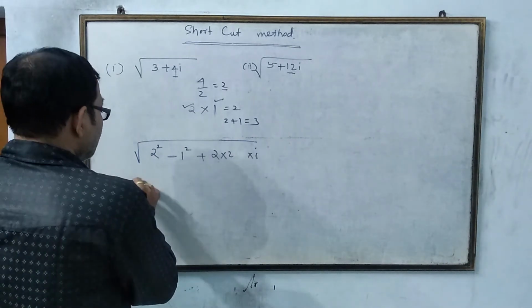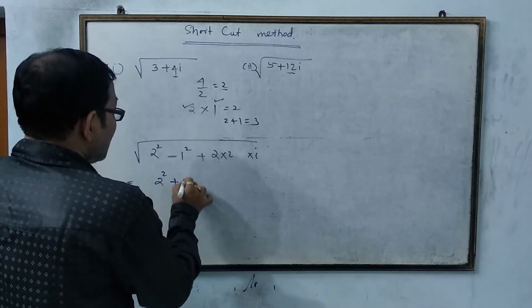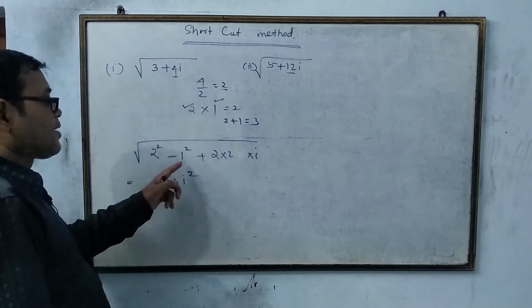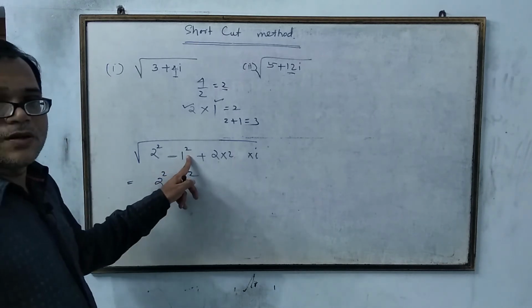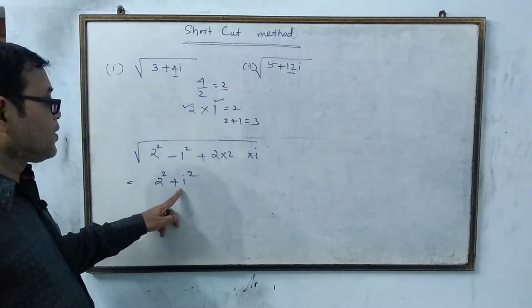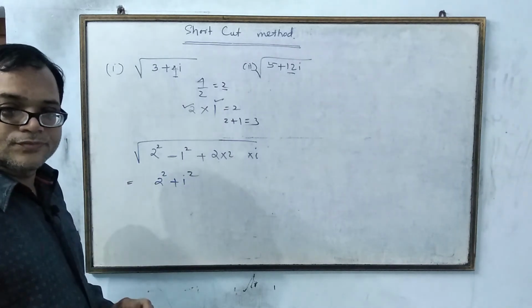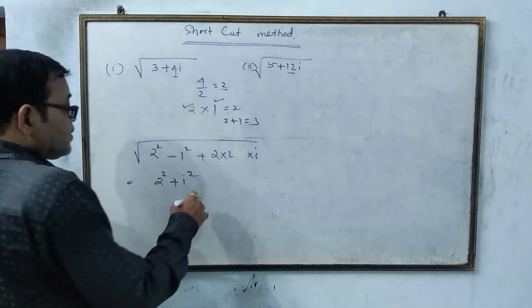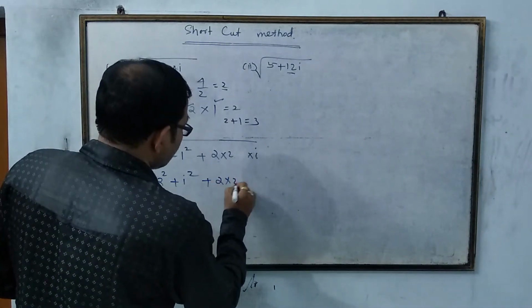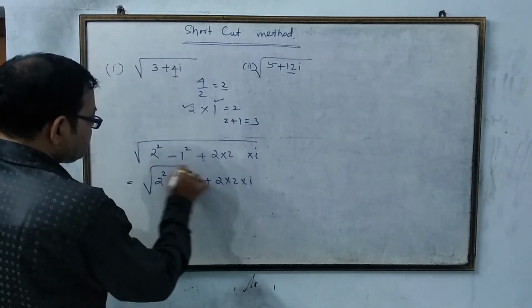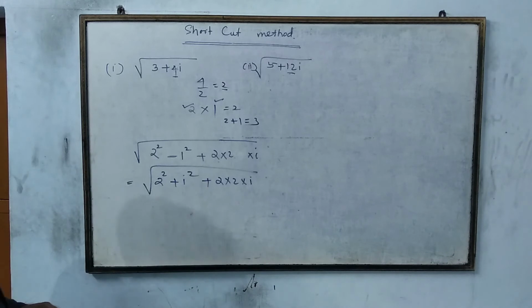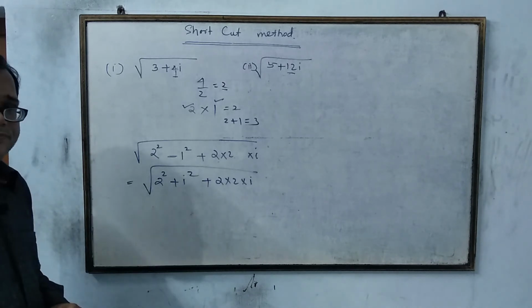Then what would happen? It is 2 square, and i square, because minus 1 square means minus 1, and minus 1 is nothing but plus i square. Then it is plus 2 into i, under root. Quite an easy method.